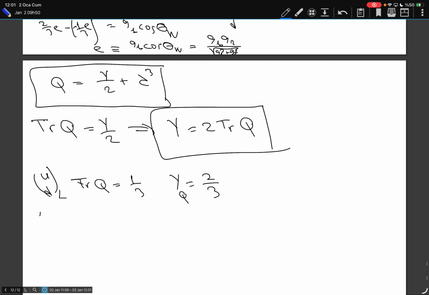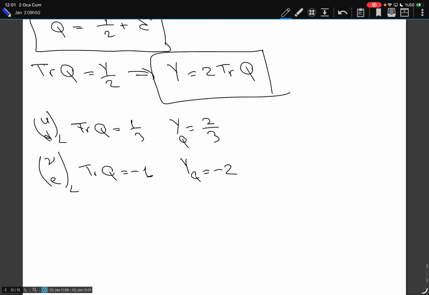What about the hypercharge of the leptonic doublets? Let's say neutrino and electron. Trace of Q is equal to -1, so the hypercharge is -1. Right-handed up quarks, trace of Q is 2/3.